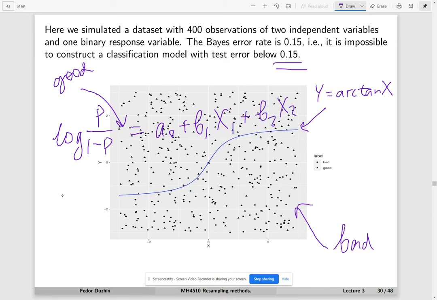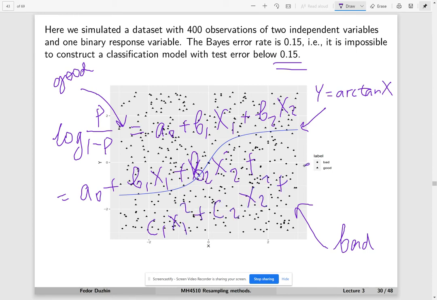The second model is a0 plus b1 x1 plus b2 x2 plus quadratic terms: c1 x1 squared plus c2 x2 squared plus c3 x1 x2. This is the model of degree 2. Then the model of degree 3 includes linear terms, quadratic terms, and terms of degree 3. There are going to be 4 of them of degree 3.